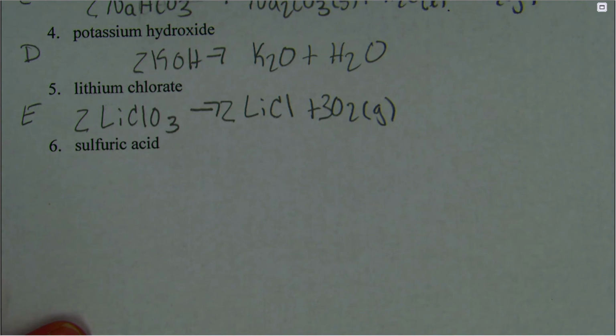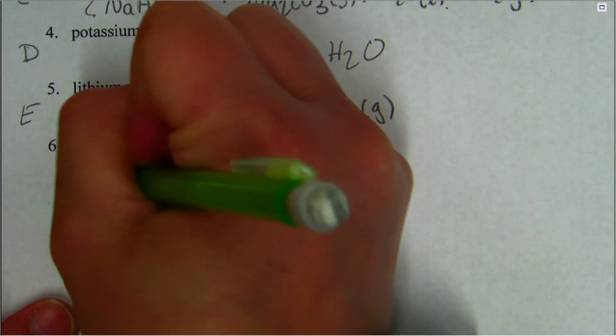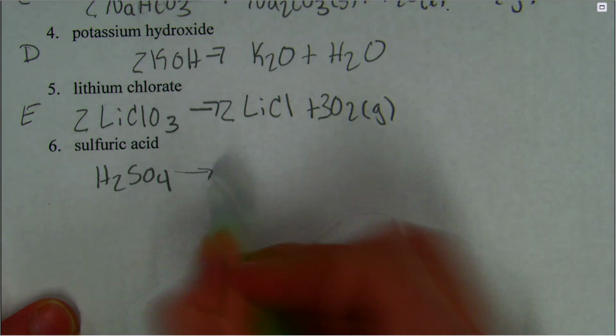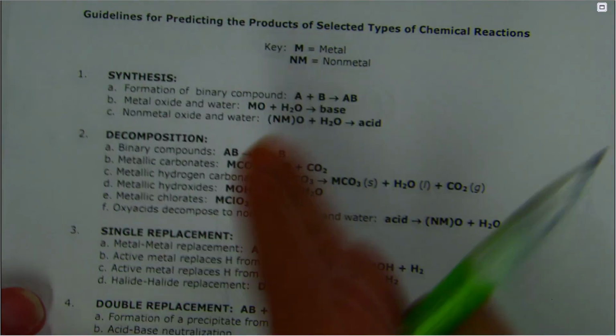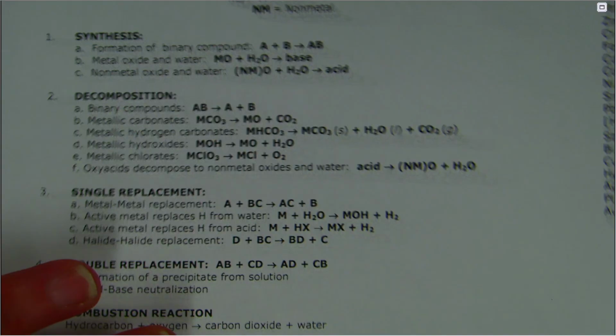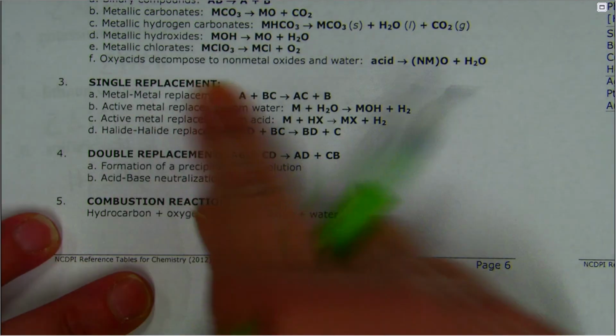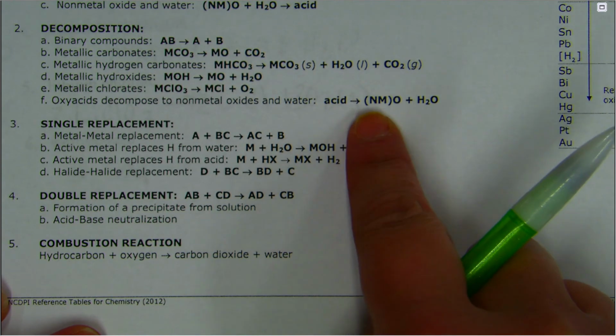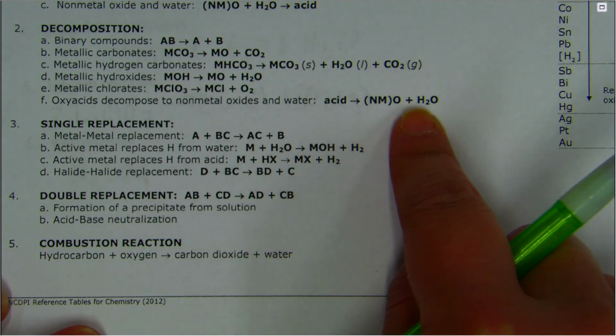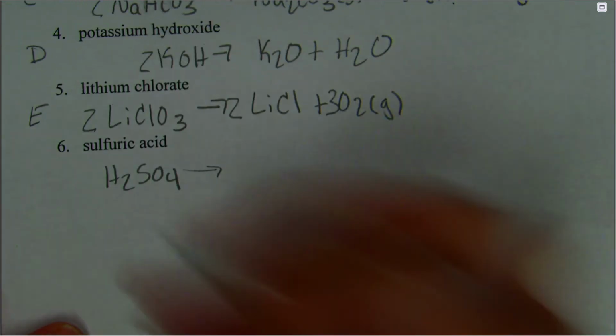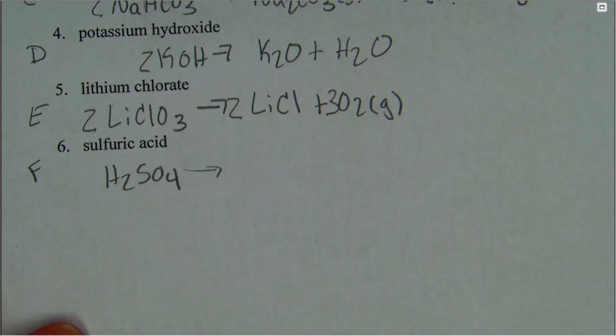And finally, sulfuric acid. So here's sulfuric acid. Now this is going to be type F. This is an acid, makes a nonmetal oxide plus water. So this is going to basically work out the opposite of a synthesis.